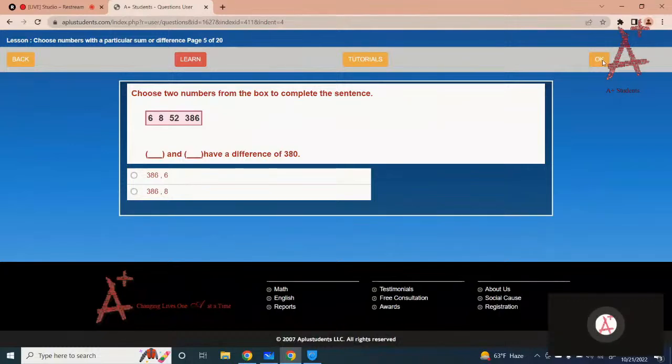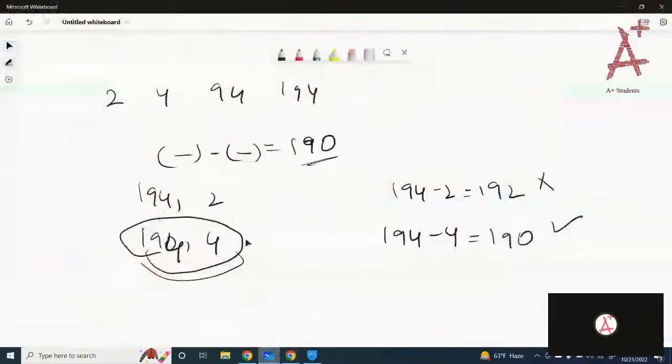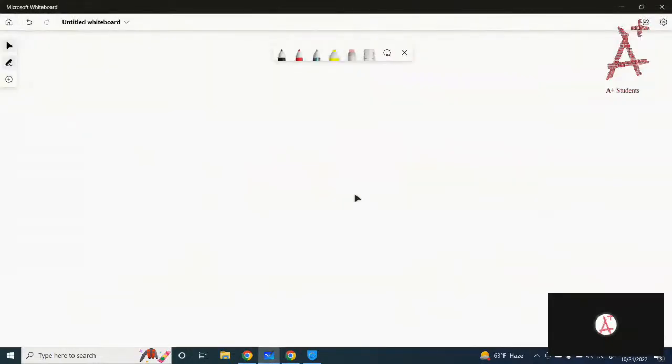Okay, choose two numbers from the box to complete the sentence. Dash and dash have a difference of 380. Let me write it down on the board. The numbers are 6, 8, 52 and 386, and you need to find dash subtract dash equals 380.